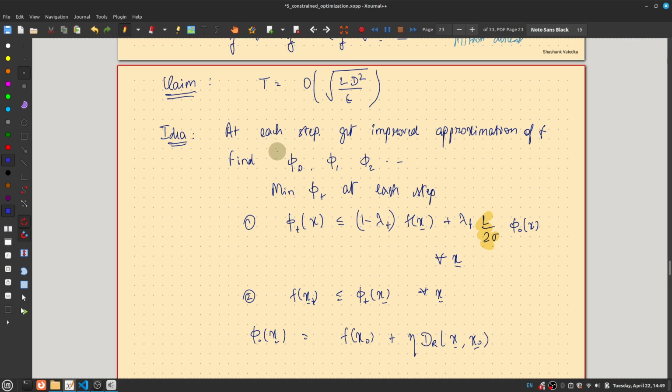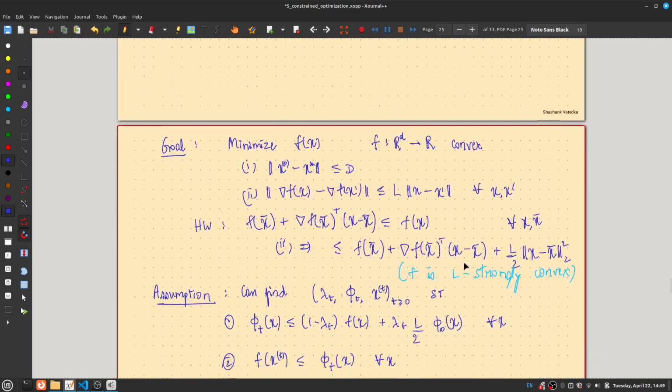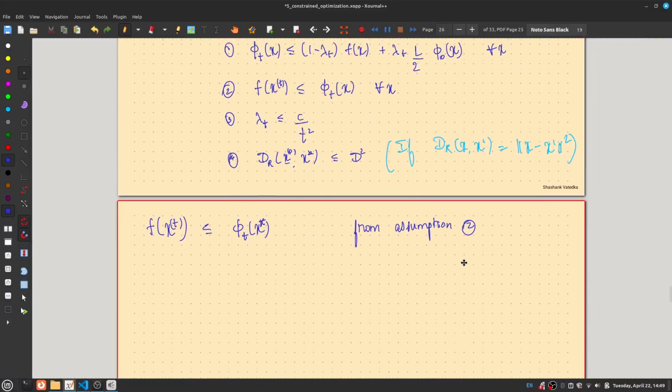Correct. So phi t of x is less than or equal to 1 minus lambda t f of x plus lambda t times f of x naught. In fact, I'll do it in two steps.